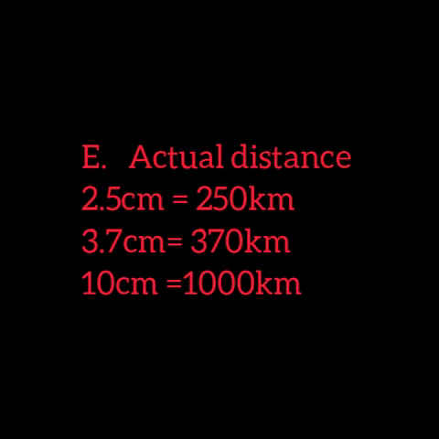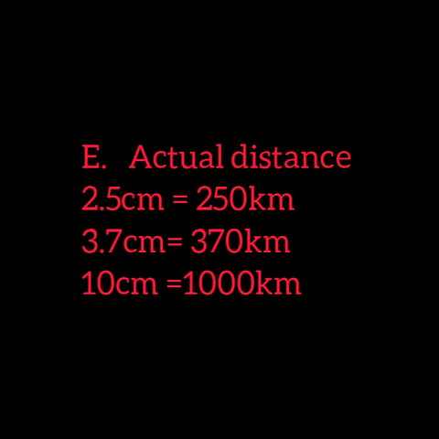Children, this is the E section, connect. Here they have given that the scale used on a map is 1 centimeter equals 100 kilometers. Find out the actual distance between the following places with the help of the distance given on the map. So this is related to maths. I have already given here 2.5 centimeters distance on the map.